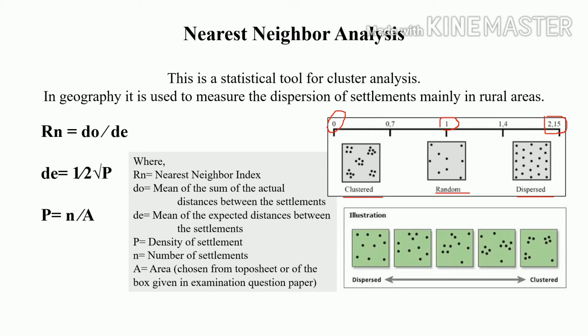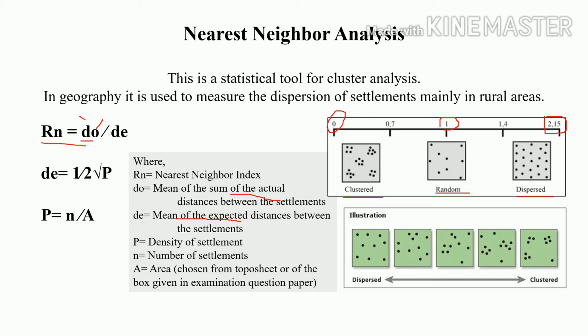Okay, so this is the formula where Rn is the index of nearest neighbor analysis, that is DO upon DE. So DO is the mean of the observed distance, the actual distance between the settlements, and the below DE is the mean of expected distances between the settlements.